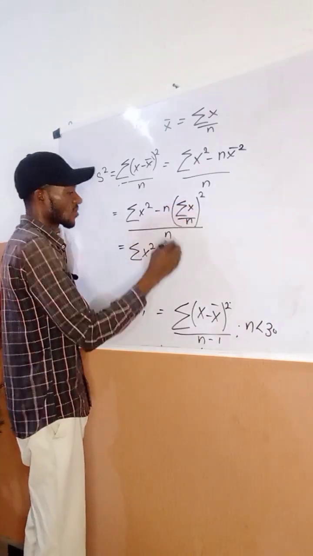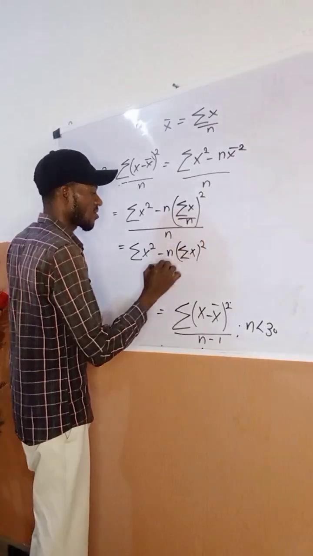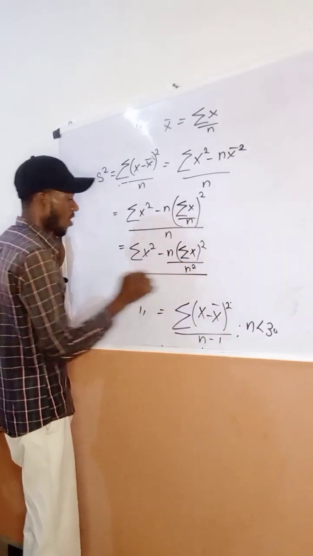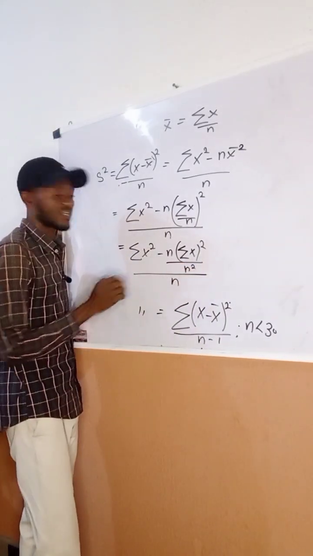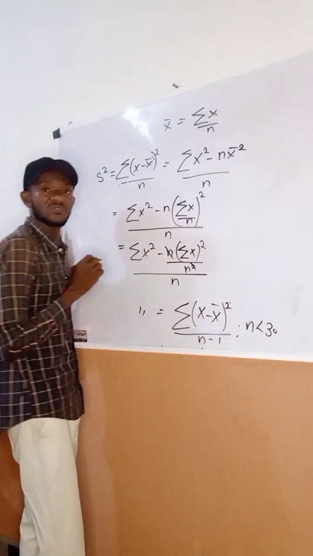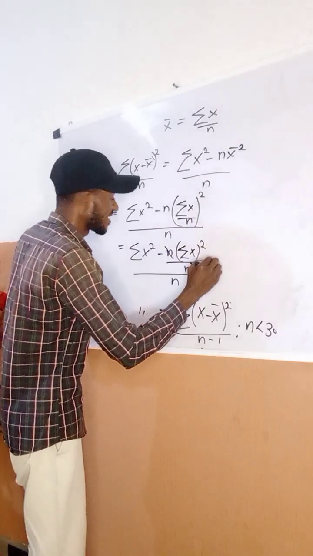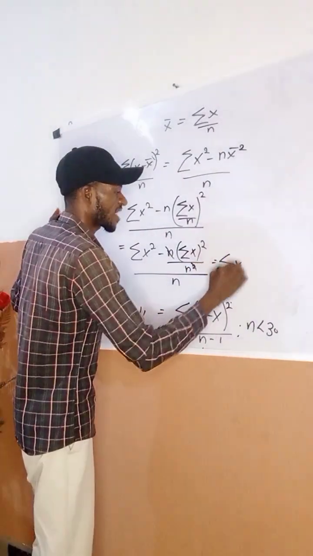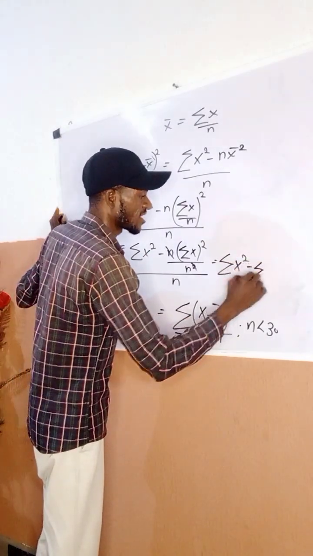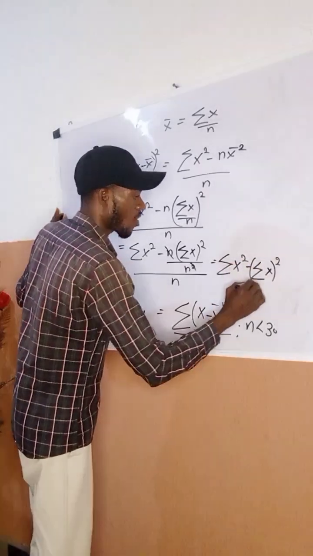If I square the numerator, I have summation of x all squared, all over n squared, all over the n I have down here. There is n here, and there is n squared here. So this n will cancel one of the squares. Finally this equals summation of x squared minus summation of x, all raised to power 2, all over n.